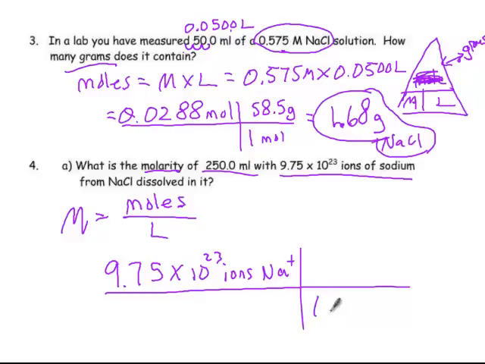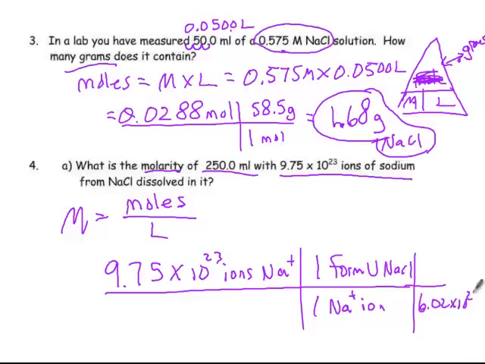Well, there is 1 sodium ion in 1 formula unit of sodium chloride. Then 6.02 times 10 to the 23rd formula units in 1 mole. So there's how I'm going to calculate the moles of NaCl so that I can divide it by the liters.